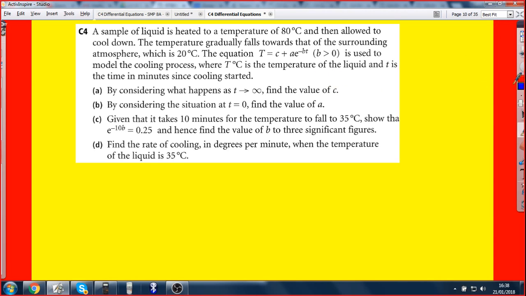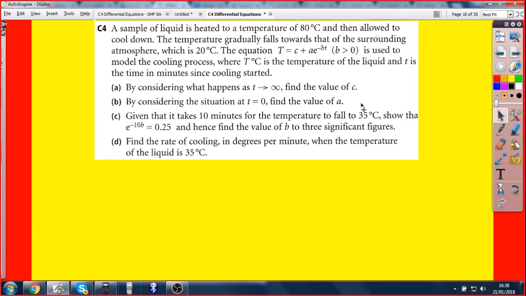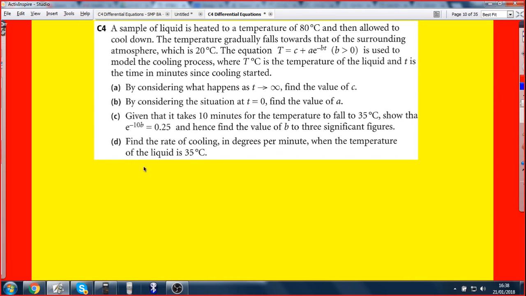We'll try this one. Yeah, let's try this one.